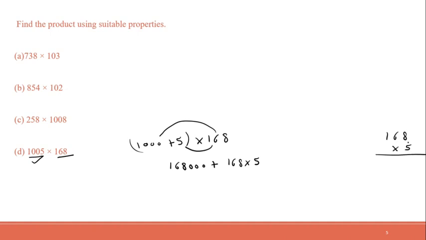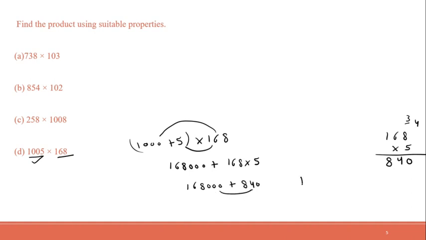5 into 8 is 40. 0 here, 4 extra. 5 into 6 is 30 plus 4, 34. 4 here, 3 extra. 5 into 1 is 5 plus this 3, 5 plus 3 is 8. So it is 840. So I'll get 168000 plus 840.